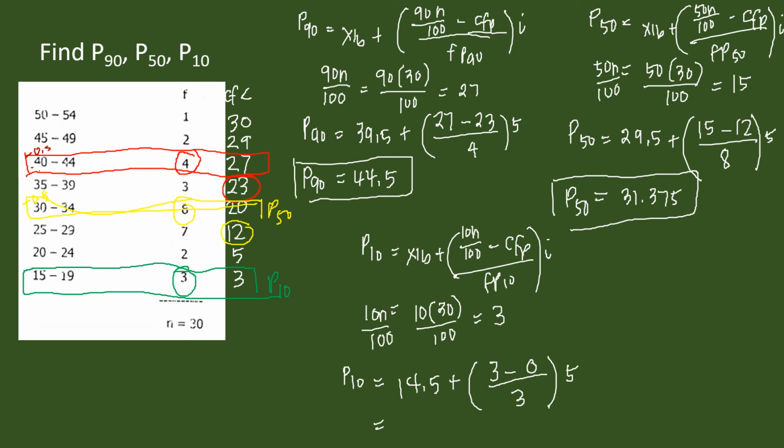So 3 minus 0 is 3, divided by 3 is 1, 1 times 5 is 5, plus 14.5, P10 is 19.5. Again, you might ask, Miss, that's not part of 15 to 19. But actually, that is still part of the class interval because the true limits of the class interval is 14.5 to 19.5. So I hope that you were able to understand how to solve for a certain percentile of a distribution.